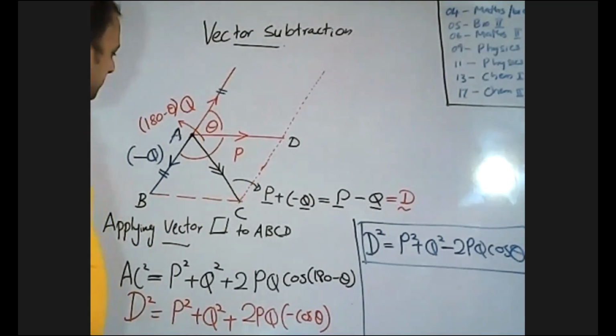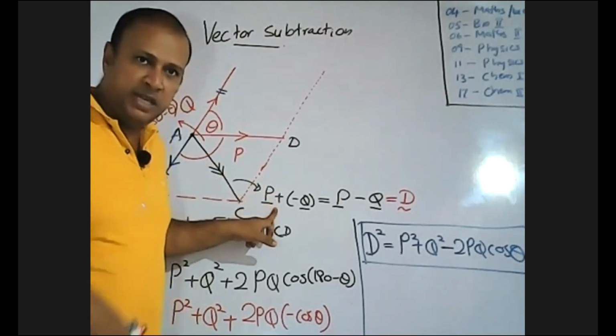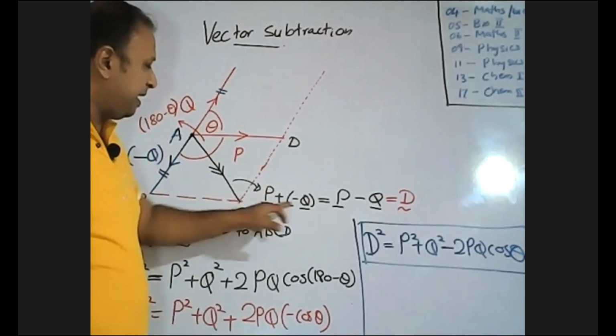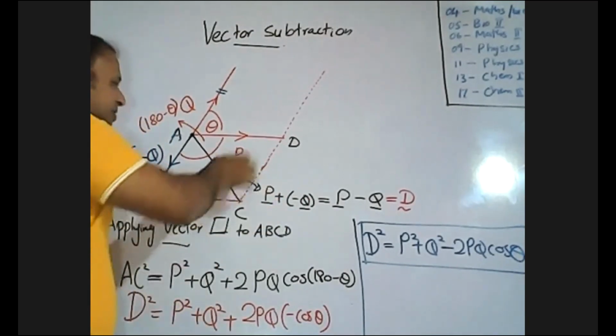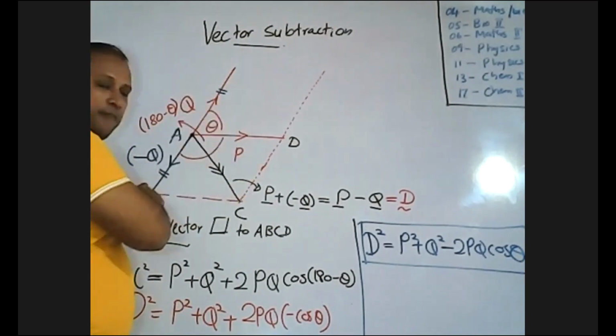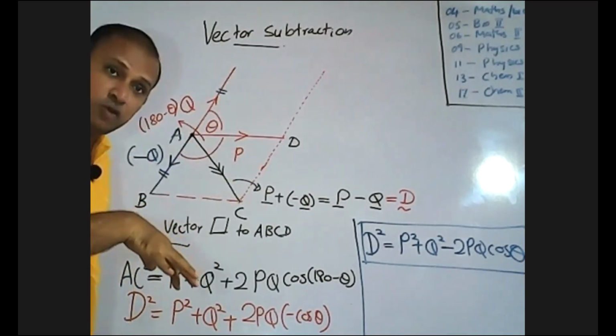Look at this again. P minus Q means P plus minus Q. That means you have to add P to minus Q. Therefore, I have to construct the minus Q vector here. How to construct the minus Q vector?